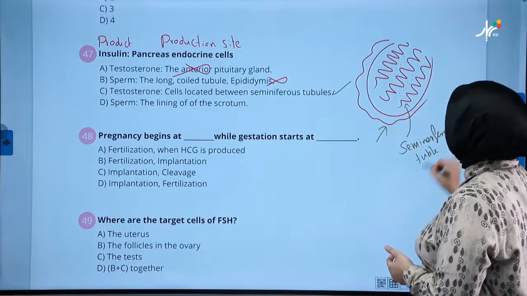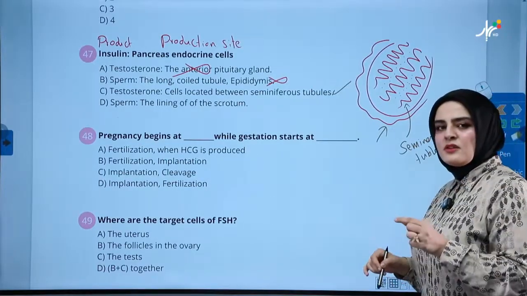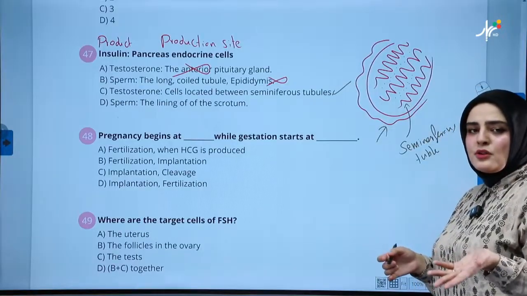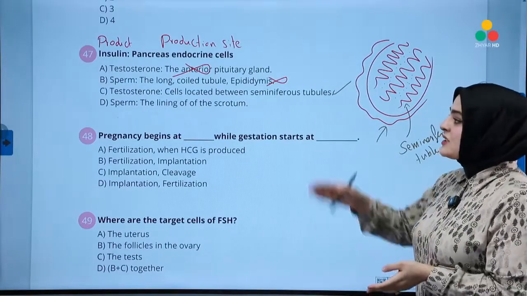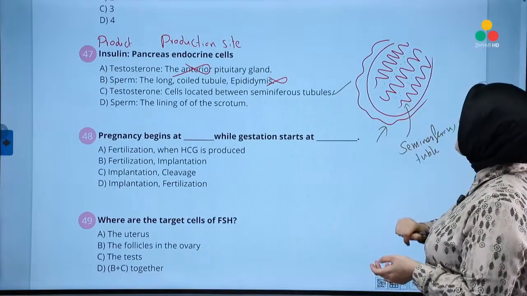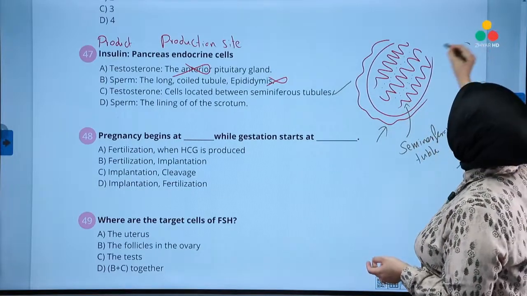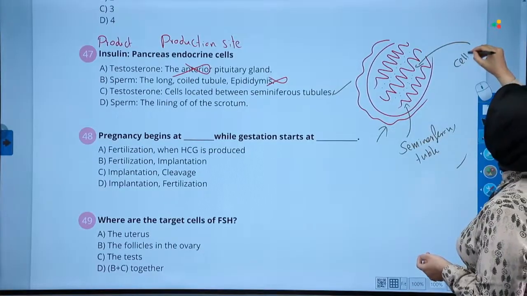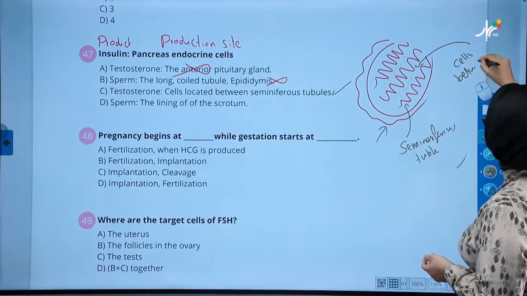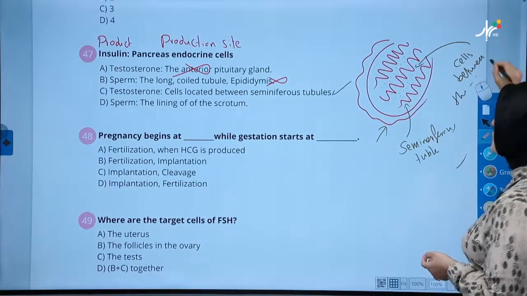It appears to be very thin and there is nothing inside it, but under a microscope there are so many cells that create the lining of these, and the sperm is made in the lining of the seminiferous tubule, while the testosterone is made by the cells between the seminiferous tubules.